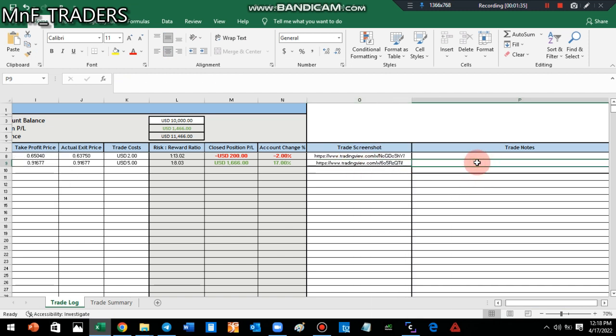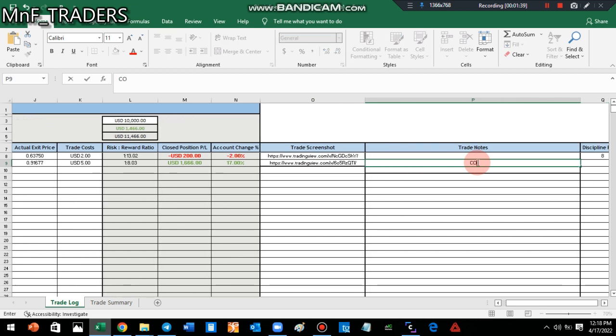So here you can say, confirmed entry with a bearish pin bar. So this is your confirmation. So maybe confirmed entry with a bearish engulfing.